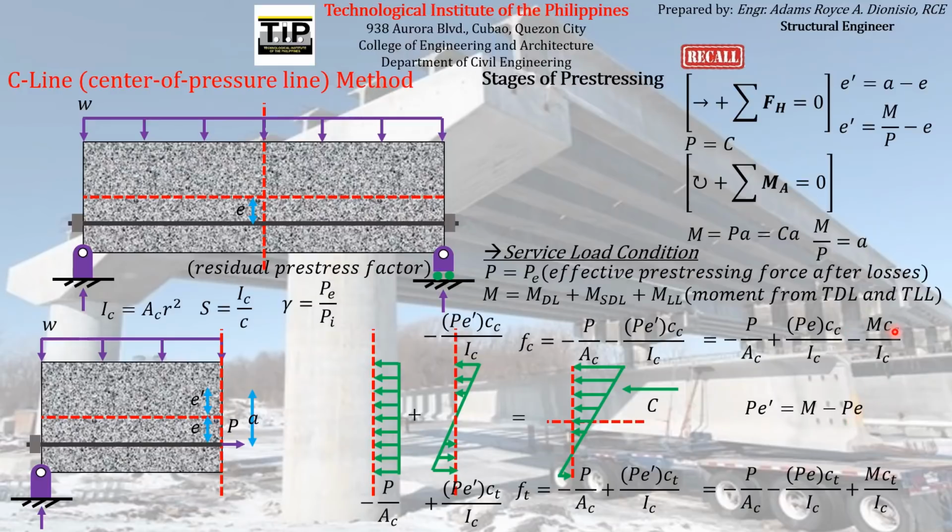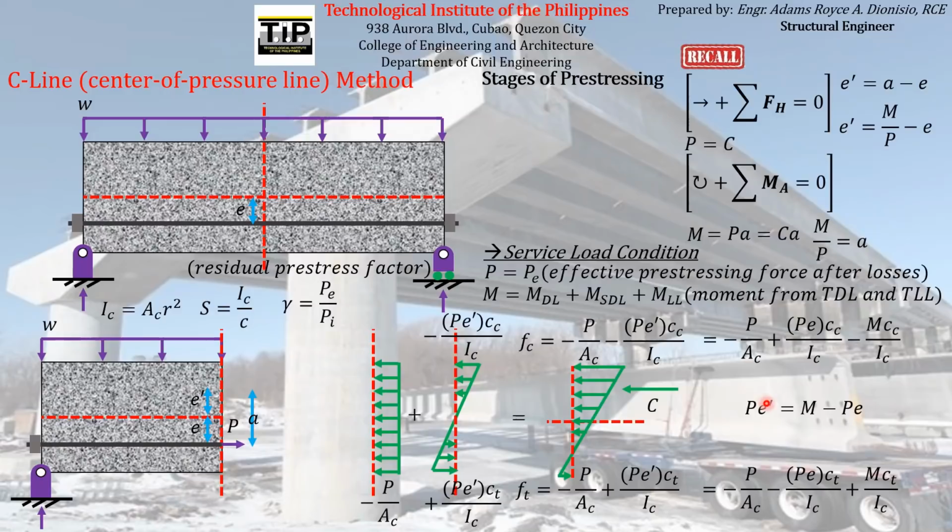If we factor out C over I here, the M minus P e expression is just equal to P e prime here.